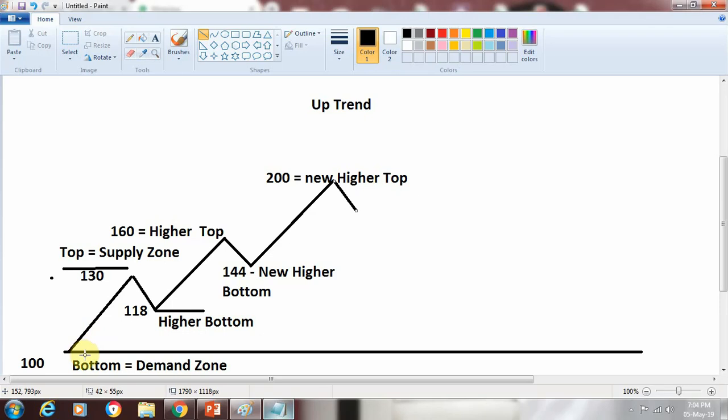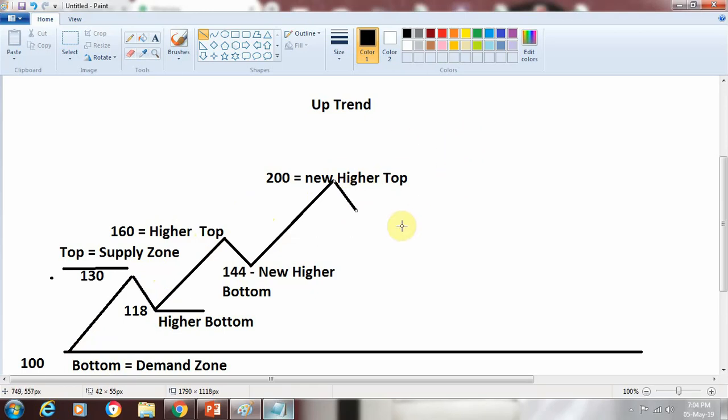Whenever my bottoms or my demand zones move higher and higher, along with my tops or my supply zones moving higher, we say that we are in a higher top, higher bottom type of market, and higher top, higher bottom is called an uptrend.